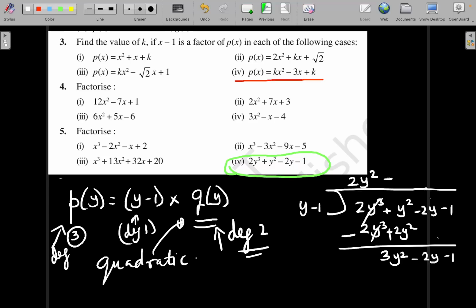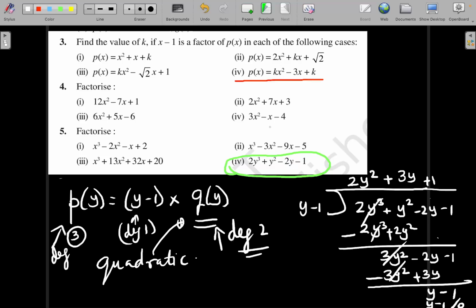I'll try plus 3y, and then I get 3y square minus 3y. This becomes a minus and a plus, this gets cancelled, and I get y minus 1, and here it's going to be plus 1. So y minus 1, 0, which is not surprising because y minus 1 is a factor by the factor theorem.